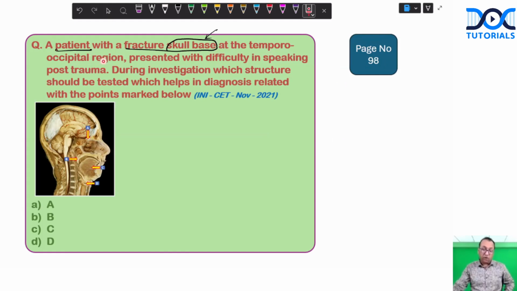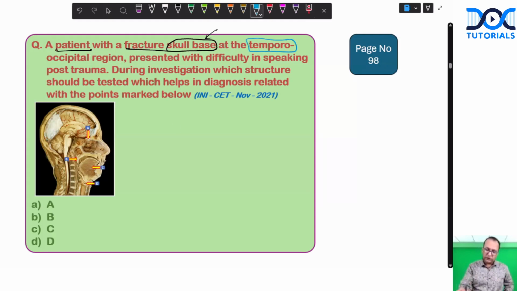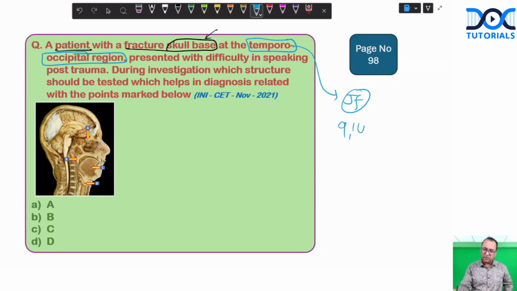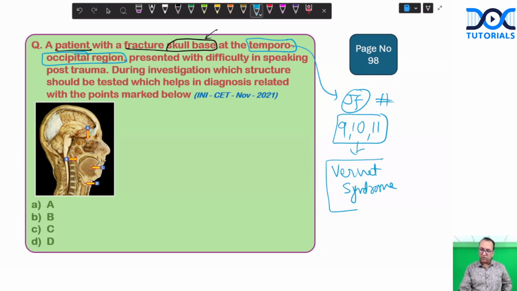So at the temporo-occipital region, do you remember this? There was one foramen called the jugular foramen, and in the jugular foramen there are nerves 9, 10, 11. If there is a jugular foramen fracture, there could be involvement and we can have features of Vernet syndrome.